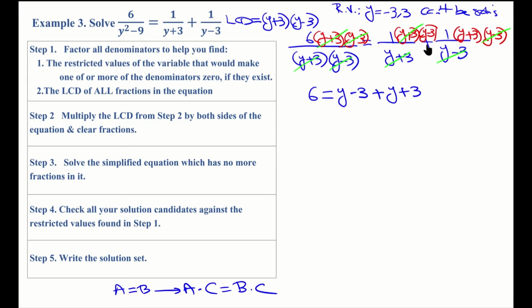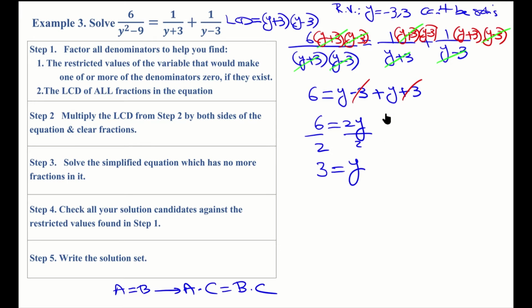Now, if this were a minus, we would have to leave parentheses so we could distribute. But since it's plus, we can do without parentheses. So we notice that those two cancel out right away. So basically we have 6 equals 2y. Divide both sides by 2. We end up with 3 equals y.